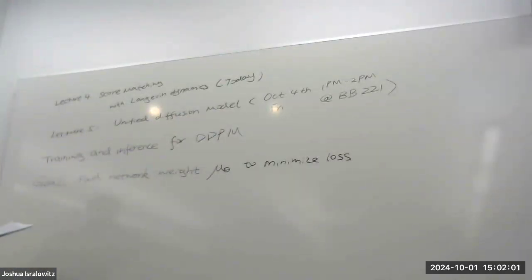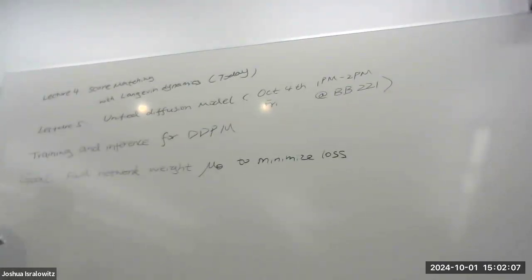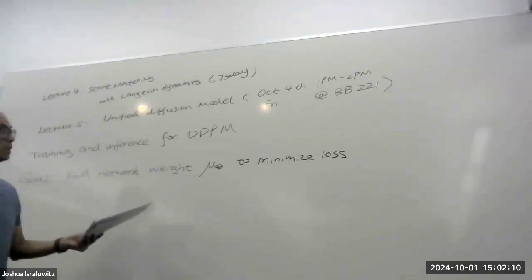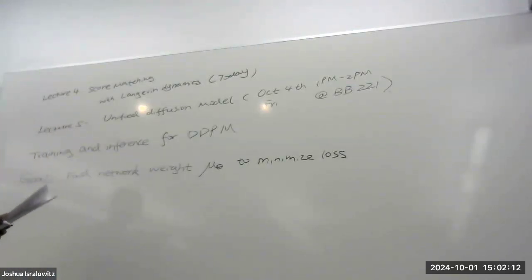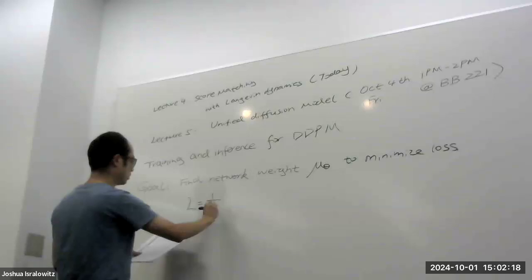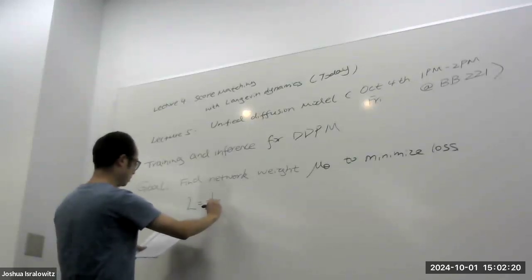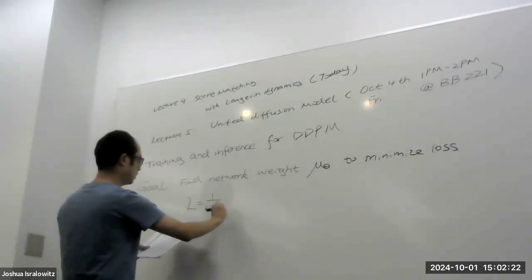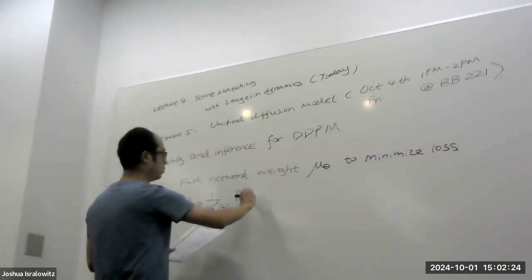So the goal here is, in DDPM, while training, you want to find the network weight, which is the mu theta, to minimize some kind of loss. This loss is given as this 1/2 q squared of mu.